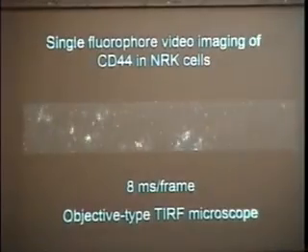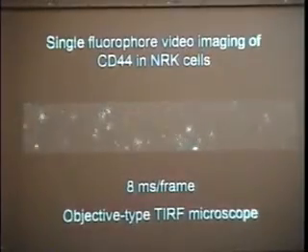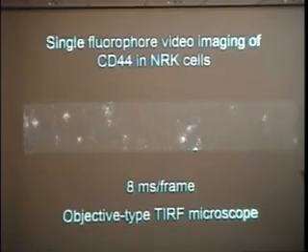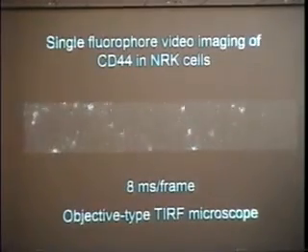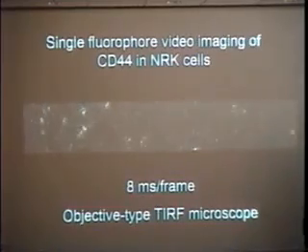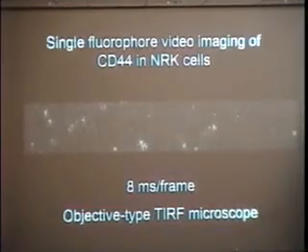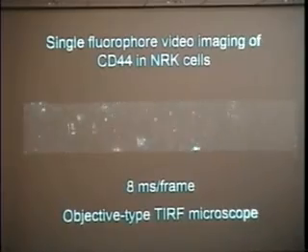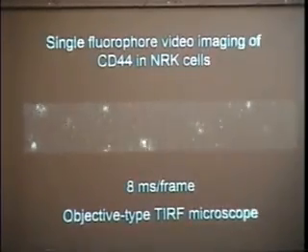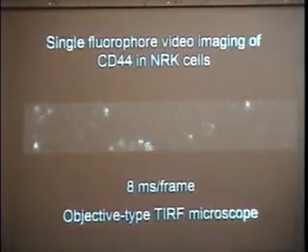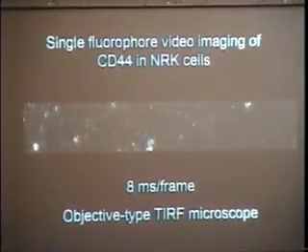This is a single fluorophore video imaging of CD44 on NRK cells. These bright spots are single Cy3 labeled FAB antibody to CD44, and it's done at 8 milliseconds per frame on an objective type TIR, a total internal reflection microscope.